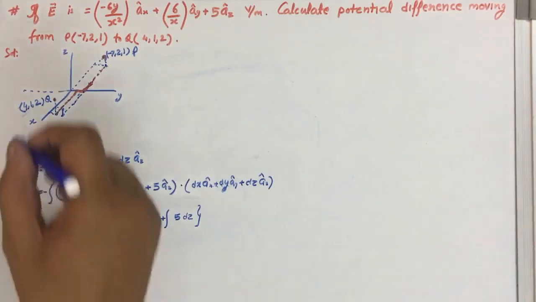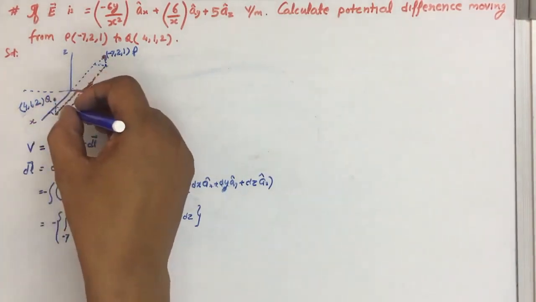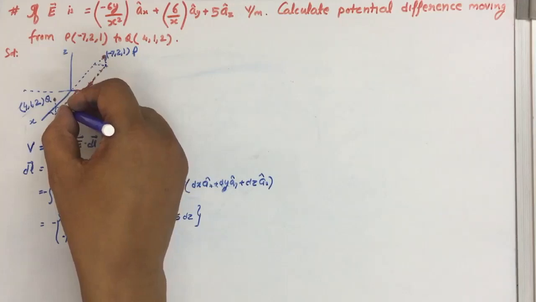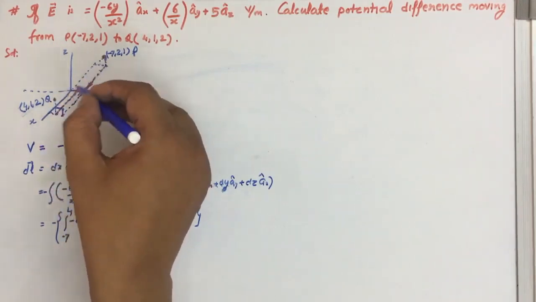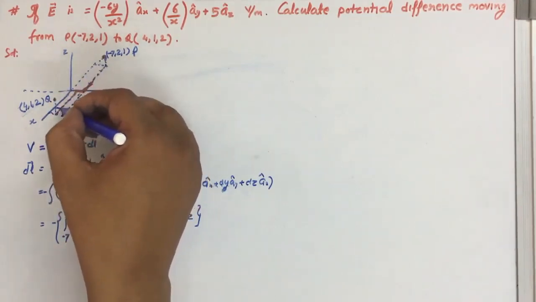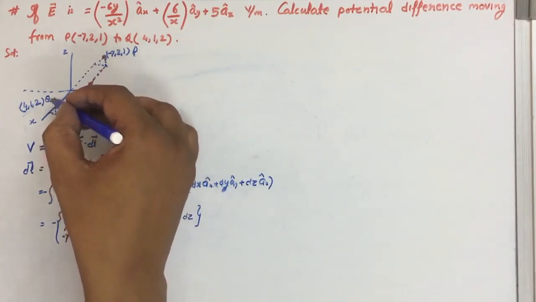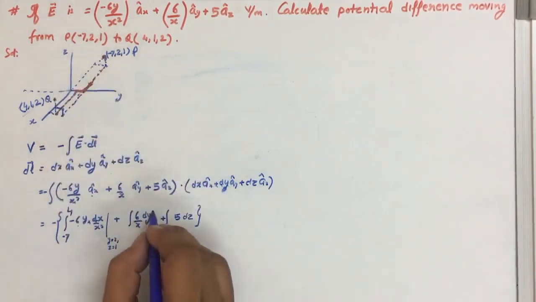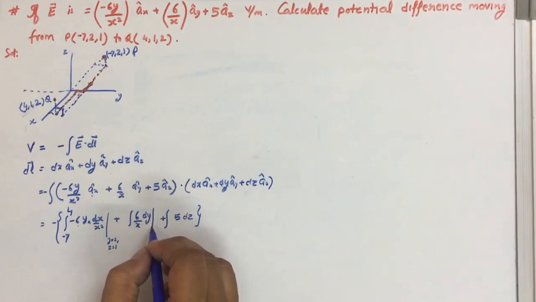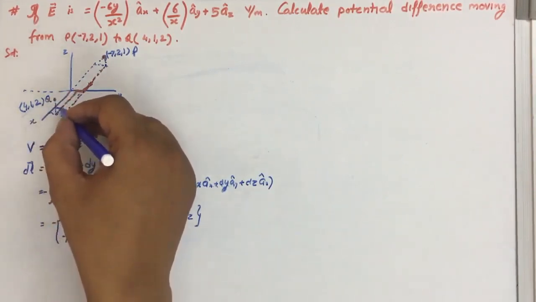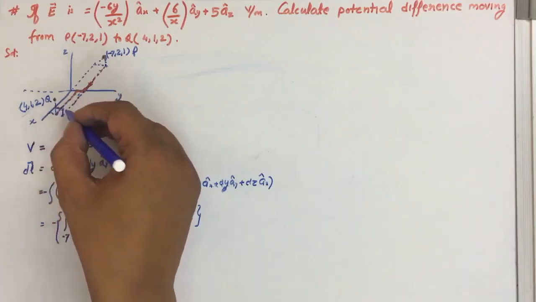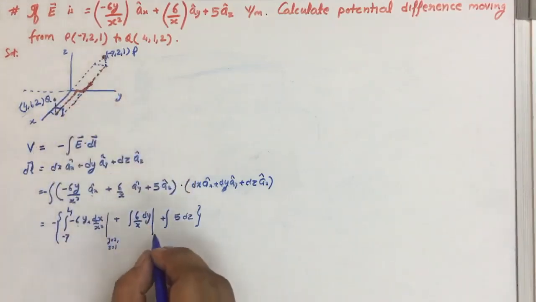And from here we are moving towards the final point to find the dl. So first we moved in this direction, then we will move in this direction, then in this direction. For this, when y is changing, only the y coordinate is changing, x remains the same.